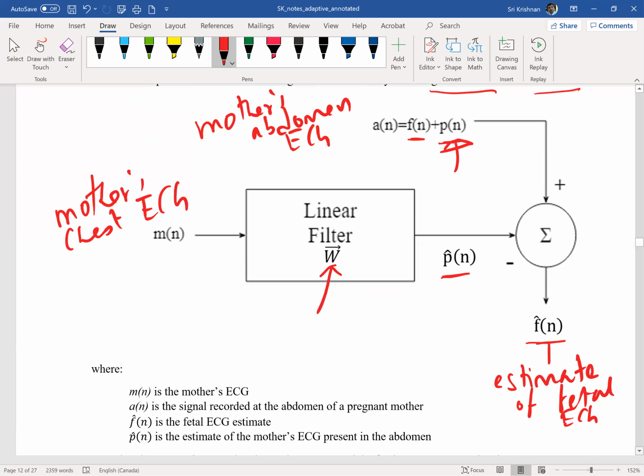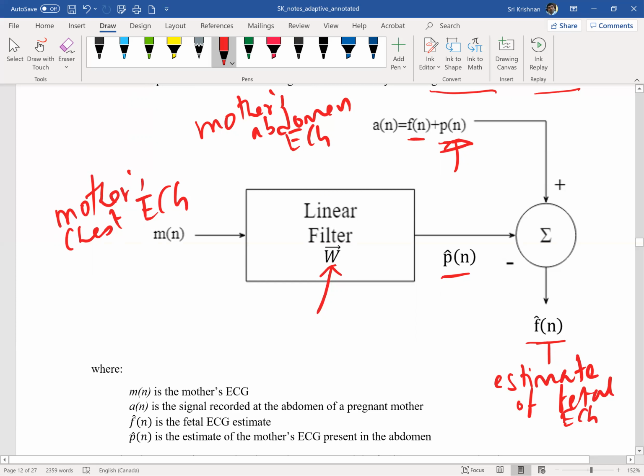There you go. Now you can estimate the heart rate of the fetus. And as we all know, it's so important in monitoring during labor and delivery, and also during the different stages of pregnancy, to find out how the baby is doing.